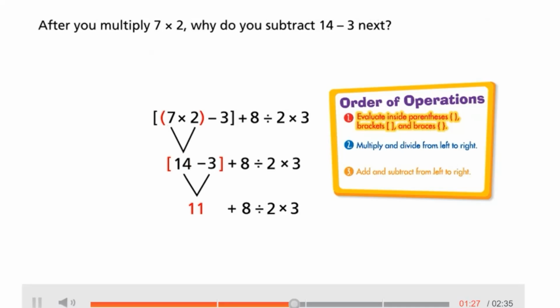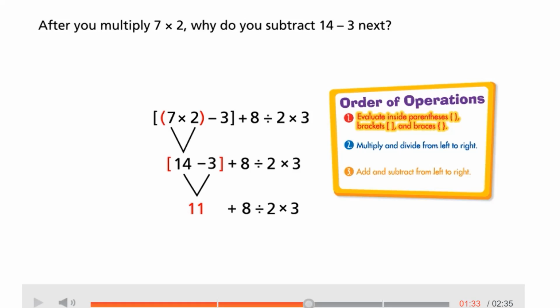After you multiply 7 times 2, why do you subtract 14 minus 3 next? Now remember, when we're working inside of parentheses, brackets, and braces, you have to work your way out from that first innermost operation. So we did what's inside the parentheses.